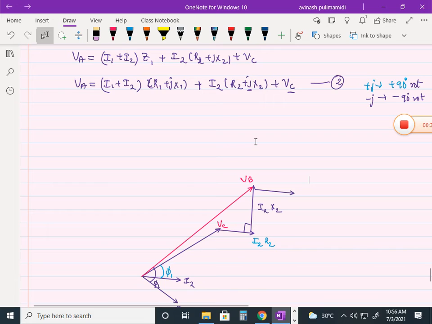Now here plus J is there. Again, identify the plus J. Plus J indicates what? Plus 90-degree rotation.